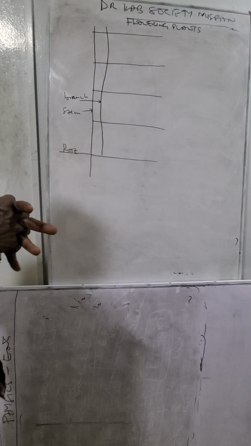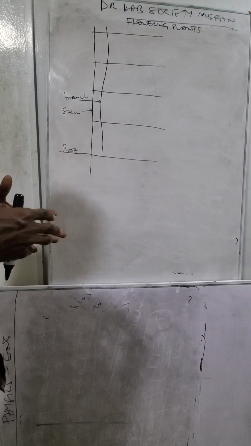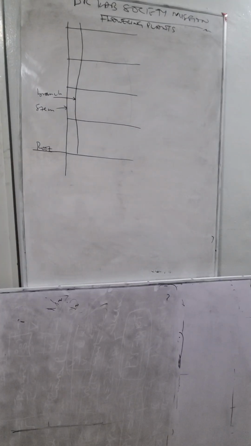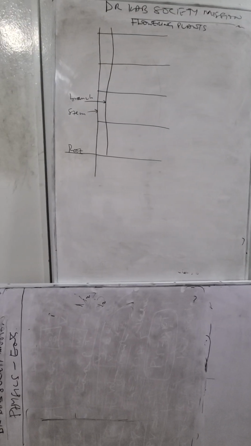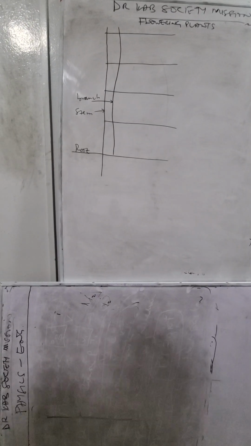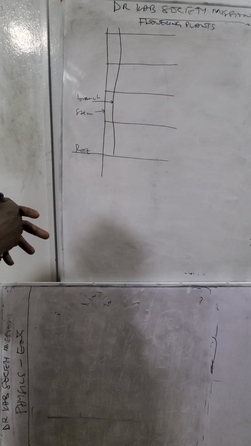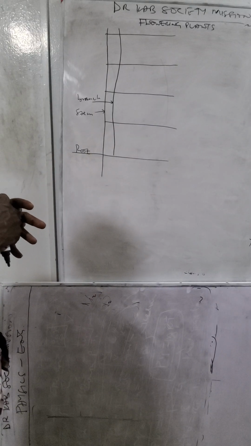So when you have a flower, how can you grasp all the terms and then apply them in answering your questions?